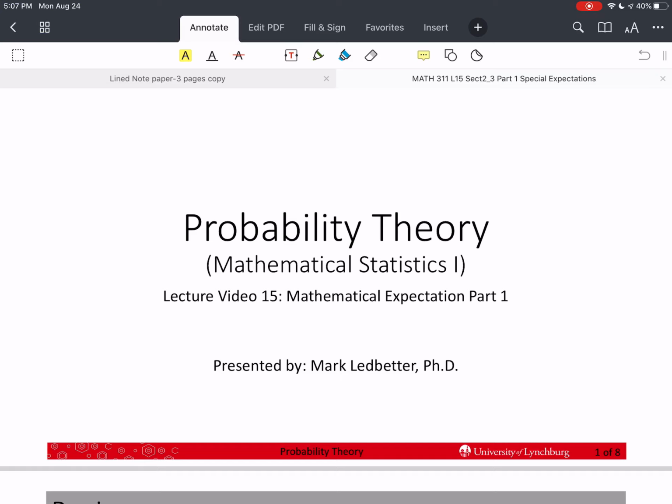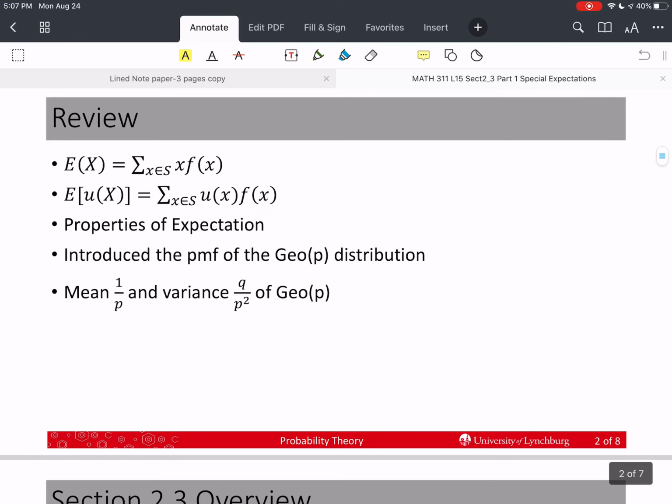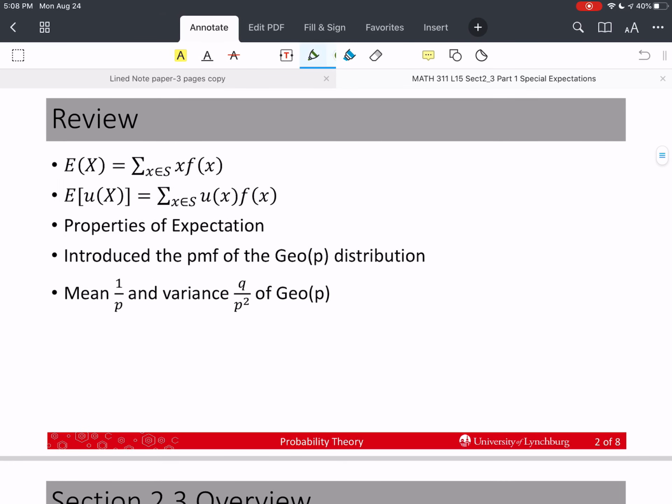We are going to talk about some special expectations in this section. And last section, we defined what the expectation was: the expectation of x, the expectation of a function of x.